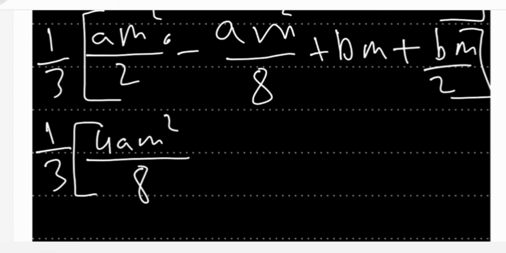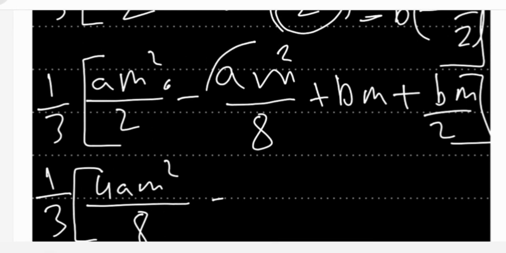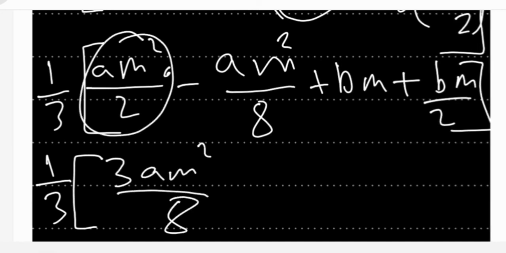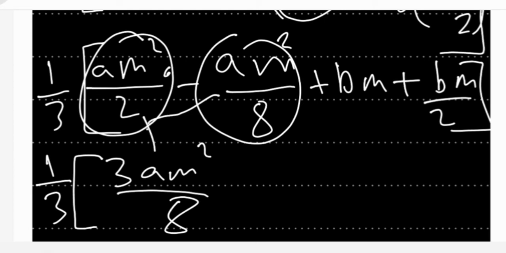You see, I didn't change anything: if you divide 8 by 4, you have only 2 left. But now I can subtract. So 4 a m squared minus a m squared leaves 3 a m squared divided by 8. These two joined give me this.